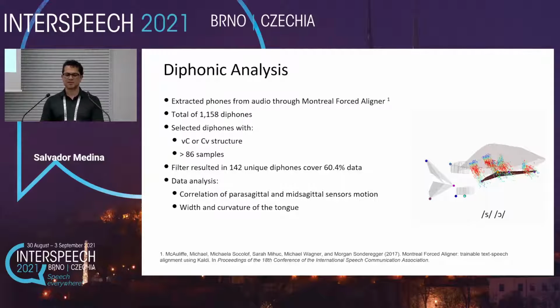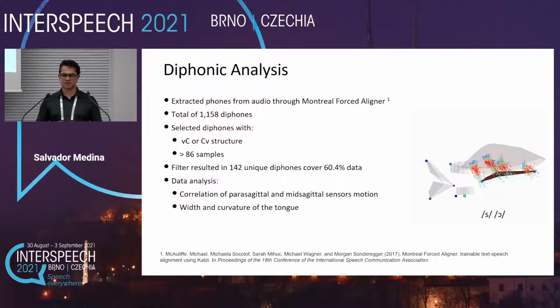We selected only the diphones that had the structure vowel, consonant, consonant, vowel, and had more than 86 samples. This filter resulted in a total of 142 unique diphones that cover around 60% of our data. So our data is even richer than that.